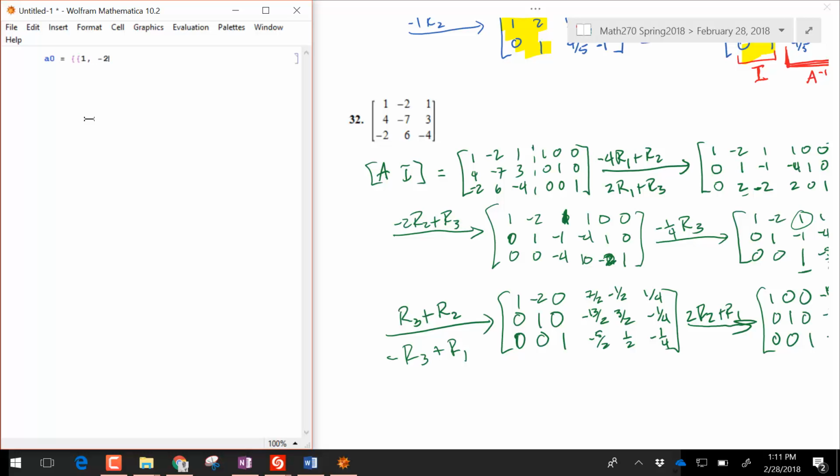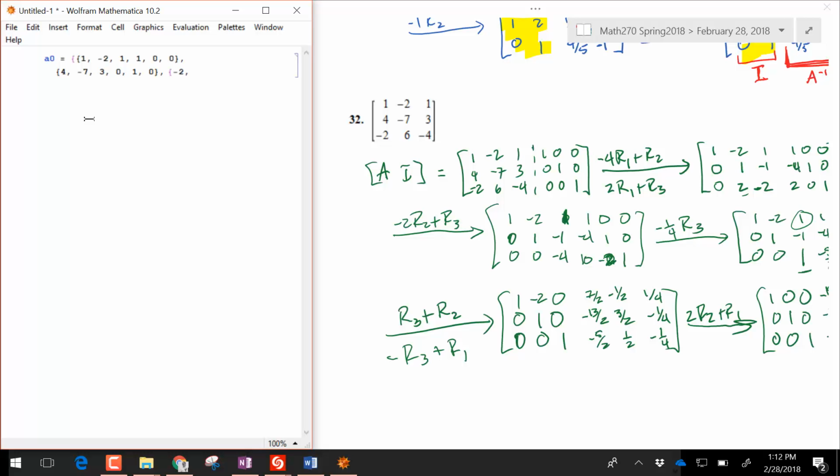1 minus 2, 1, 1, 0, 0. 4 minus 7, 3, 0, 1, 0.